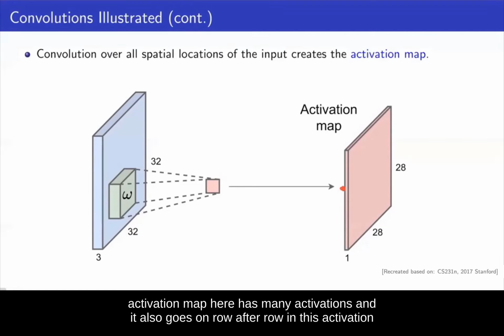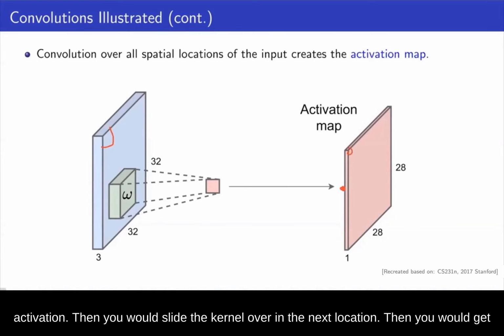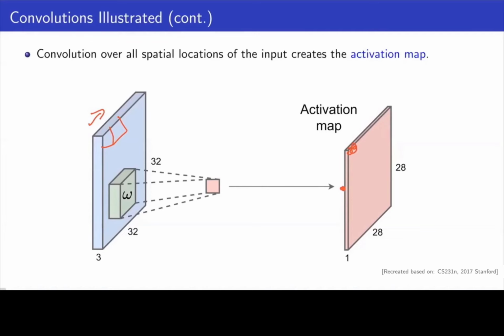For each of these positions that you would have the kernel over, you would get one activation. Then you would slide the kernel over to the next location, then you would get another activation, and so on and so forth.